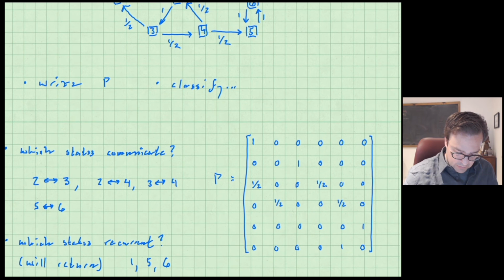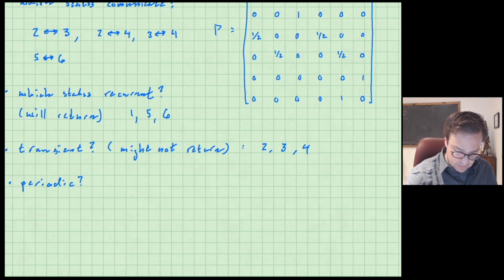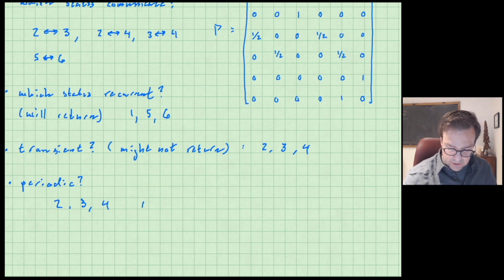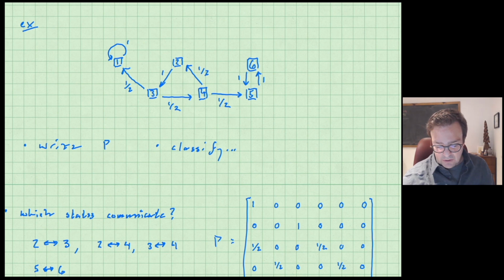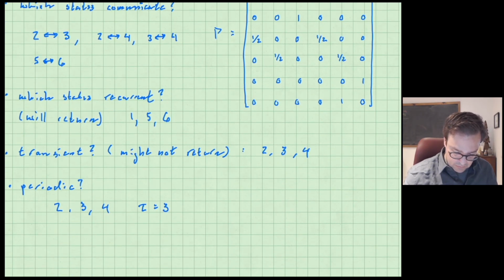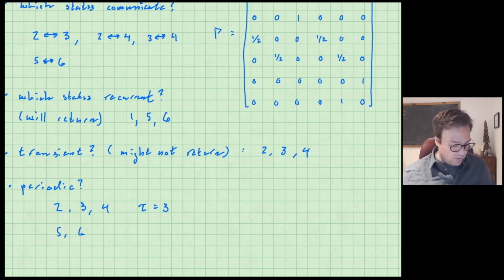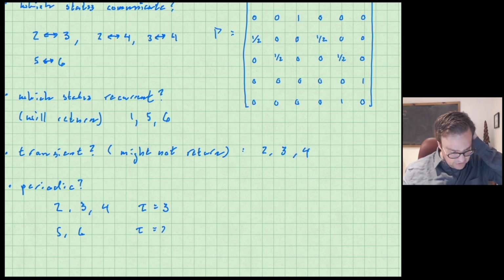So 2, 3, and 4 have tau equals 3. And then if you go back up here and look at this pair here, these are also periodic. It takes 2 steps to get back to them. And so 5 and 6 have tau equals 2. And I think that's it for this particular example.